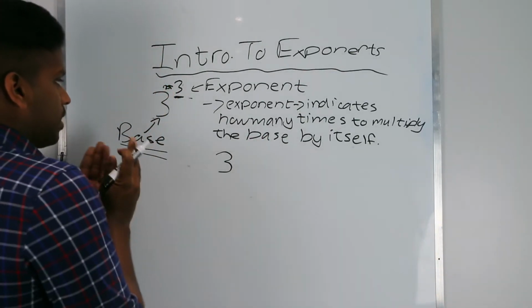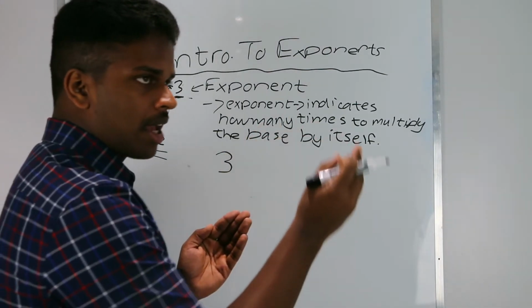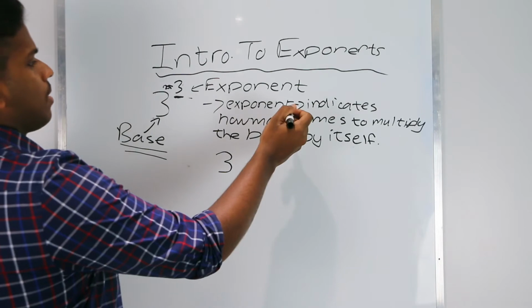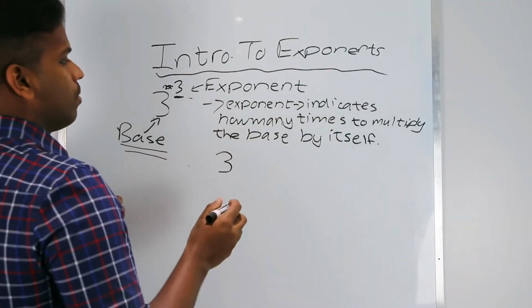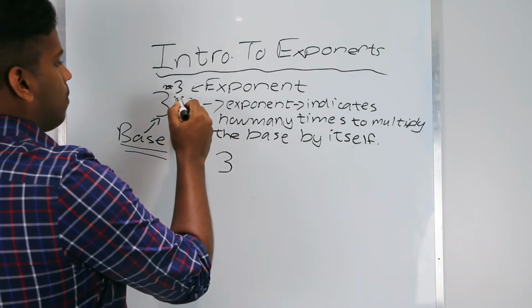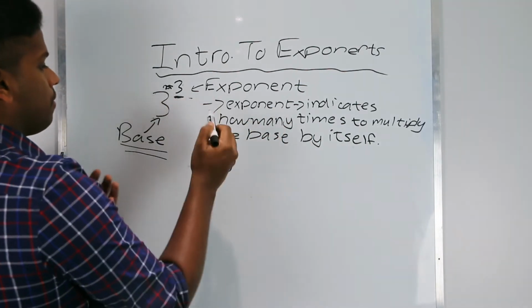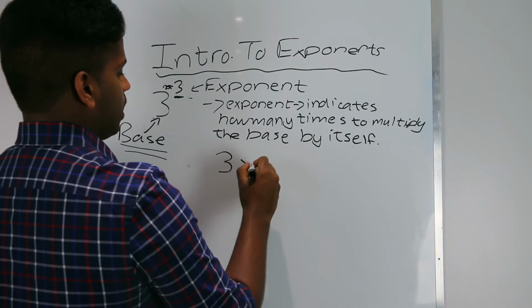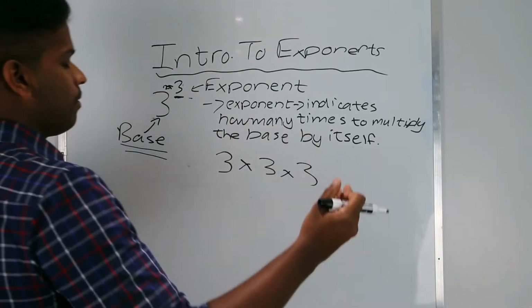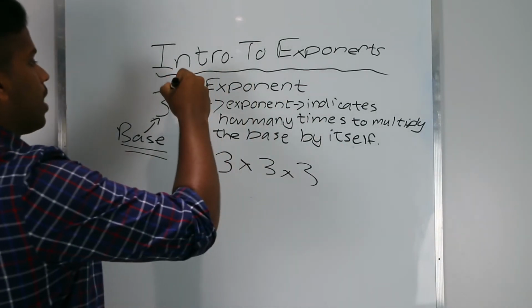We know our base is 3. What does our exponent say? If we follow our definition of an exponent, it's 3 times 3 times 3. So we've said to multiply the base by itself 3 times as indicated by our exponent right here.